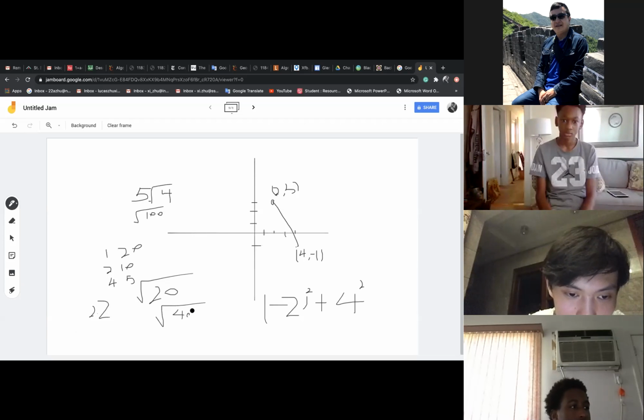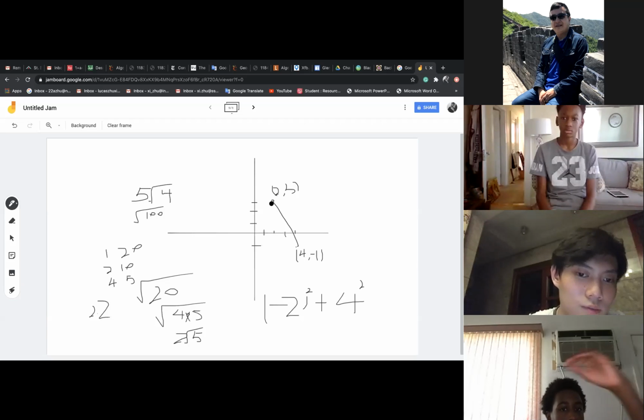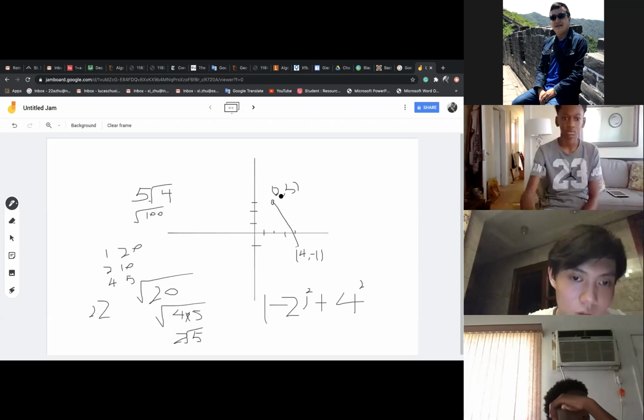And because 4 is a perfect square, we can take the 2 out, so it becomes 2 square root of 5. And here's the distance for the segment. See?